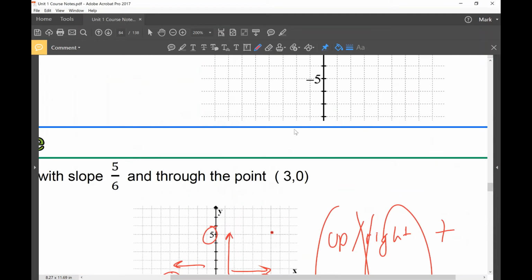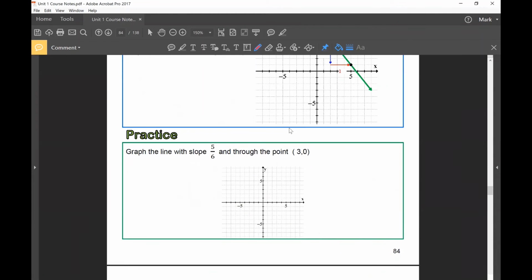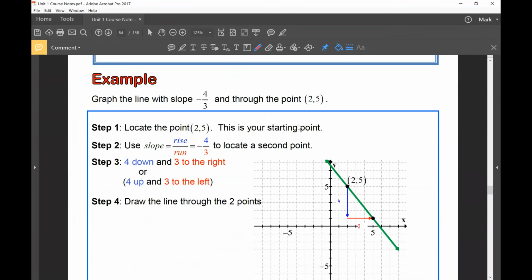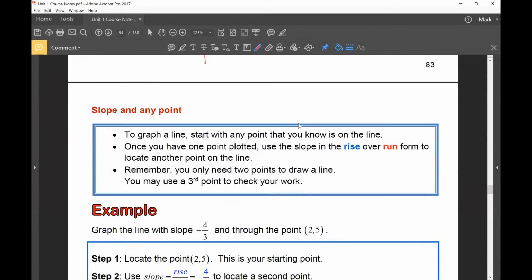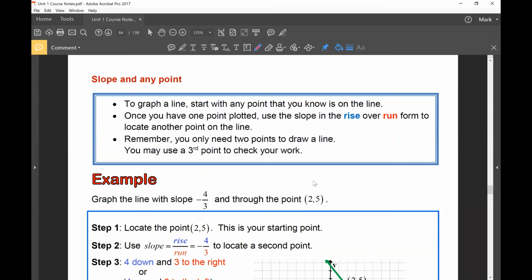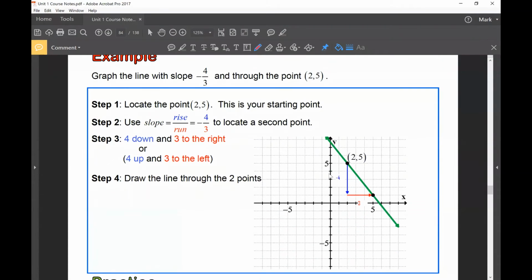All right. So what was the other question? It seems like we're doing the same thing. Oh, slope and any point. This is very quick. Maybe you're doing a question and somebody doesn't give you the y-intercept. They just give you the slope of the graph and any point. Well, that's easy.